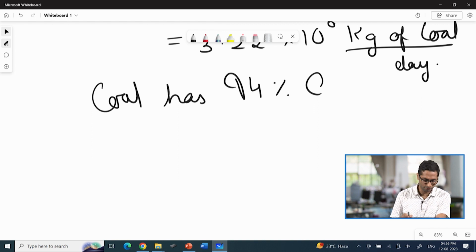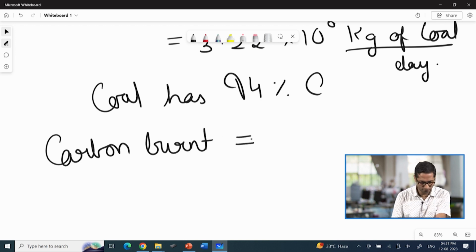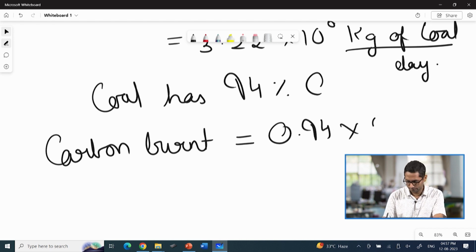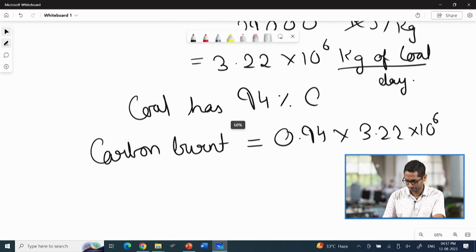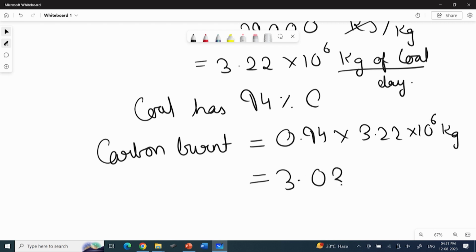So the amount of carbon that would be burnt per day would be equal to 0.94 into 3.22 into 10 to the power 6 kgs, and this would come around to be 3.03 into 10 to the power 6 kgs of carbon consumed per day.